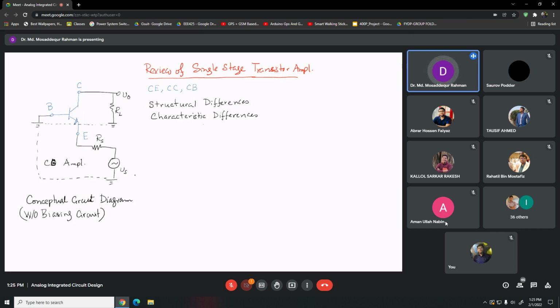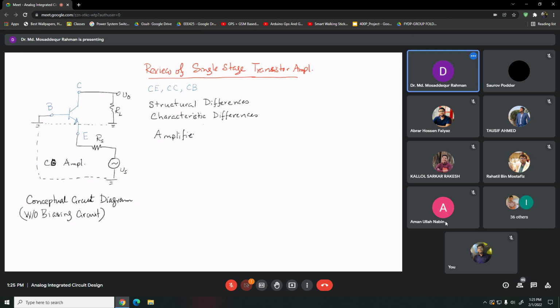Now, in order for these transistor amplifiers to work, you have to bias. We want to use this transistor as an amplifier. That's our objective.